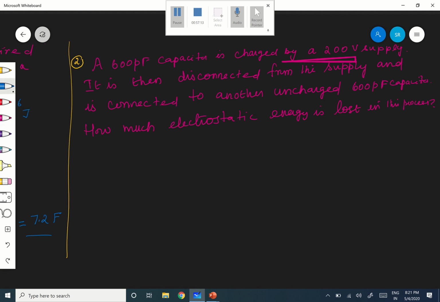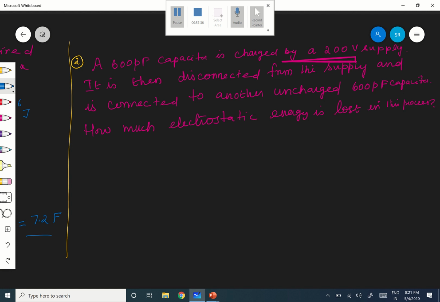Right? Therefore, what will happen? One is charged, the other one is uncharged. Therefore, one is at higher potential, 200 volt, another is uncharged, meaning zero potential. Therefore, there will be sharing of charge. They are connected to another uncharged 600 picofarad. How are they connected?